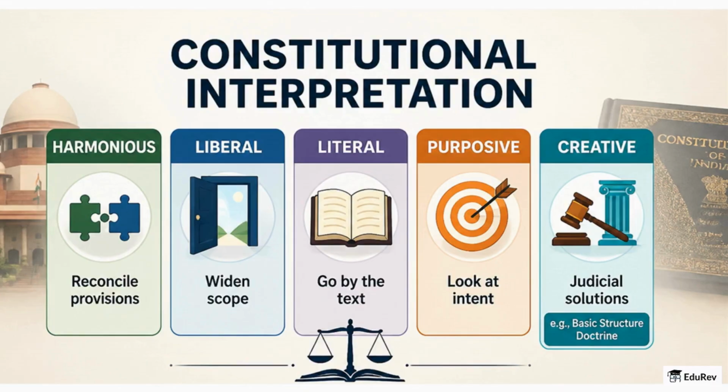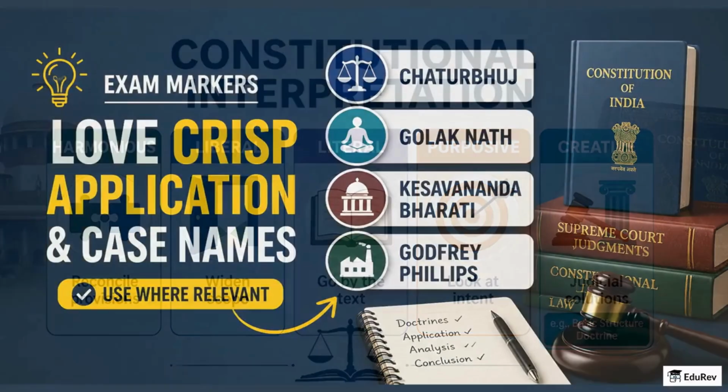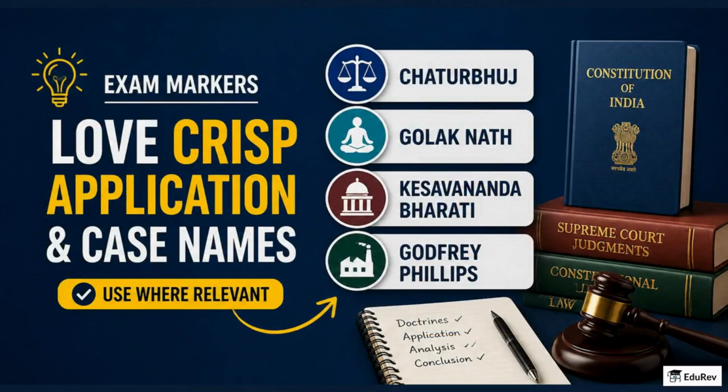Literal restricts to text. Purposive looks at intent. And creative supplies judicial fixes like the basic structure doctrine. Exam markers love crisp application and case names. So pepper your answers with Chaturbhuj, Golaknath, Kesavananda Bharati, and Godfrey Phillips where relevant.